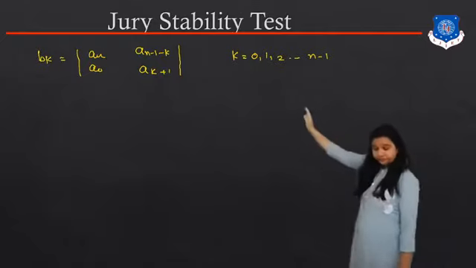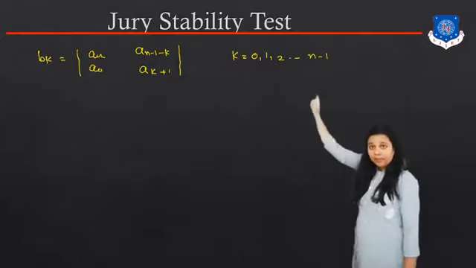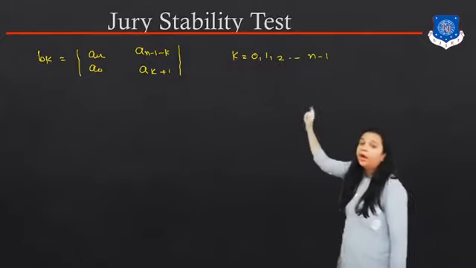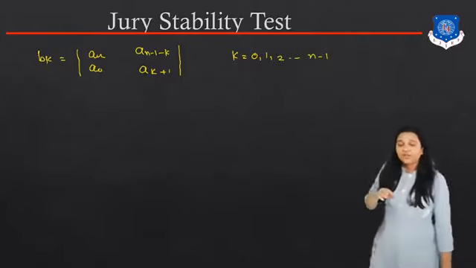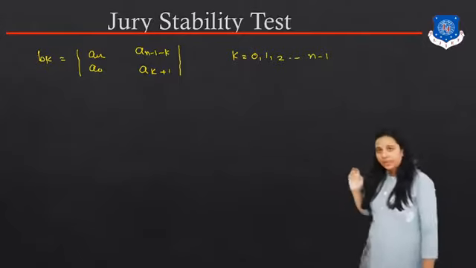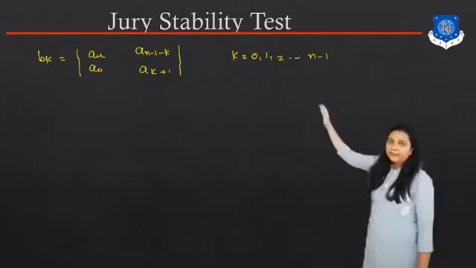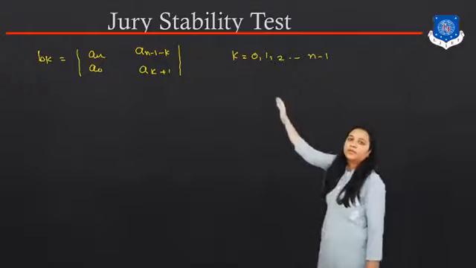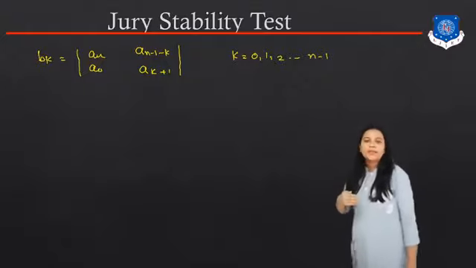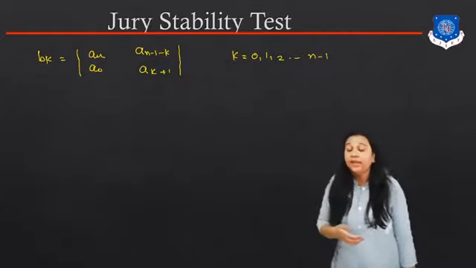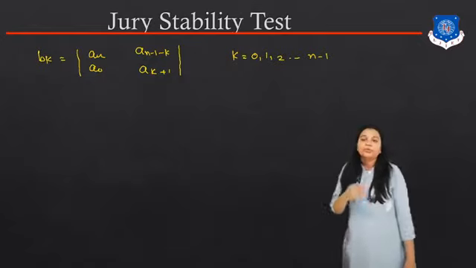In this matrix, we can write a n minus 1 minus k, a0 and a n plus 1. First of all, we put k equal to 0, so we get b0 equal to the determinant of an minus 1, a0 and a1. Similarly, put different values of k, and we can find the values of b0, b1, b2 up to bn minus 1.